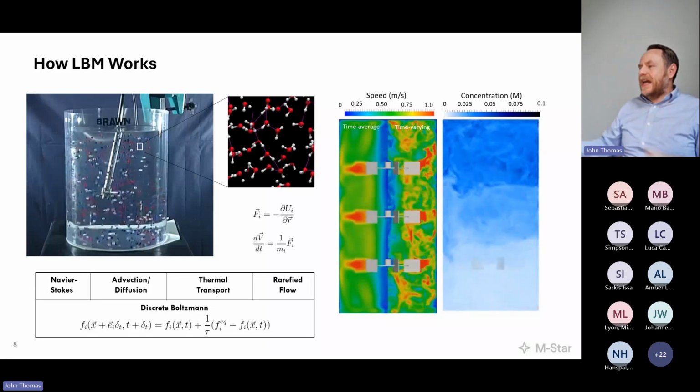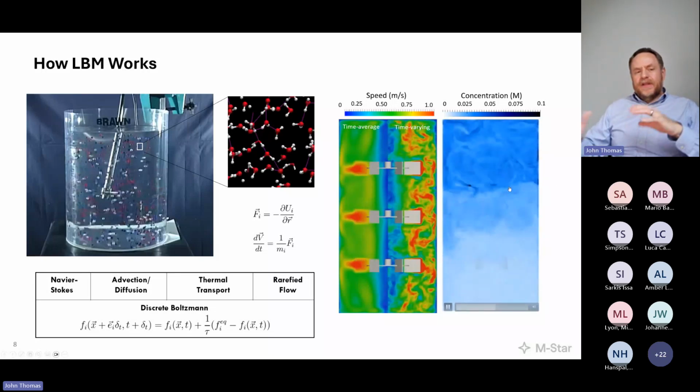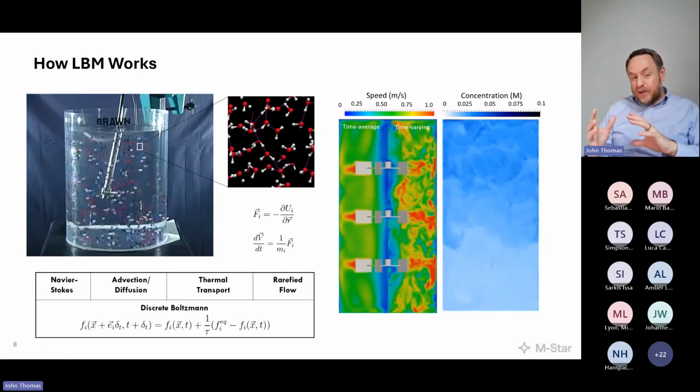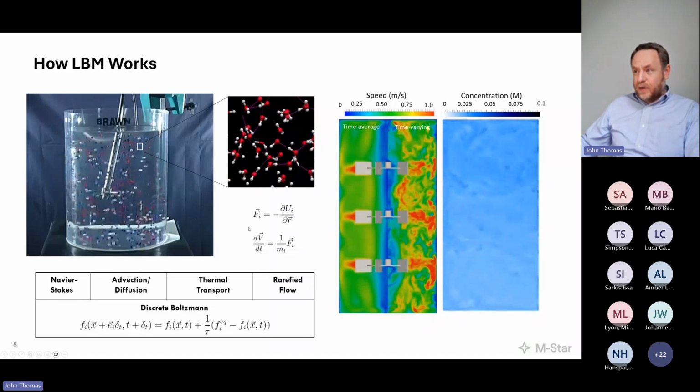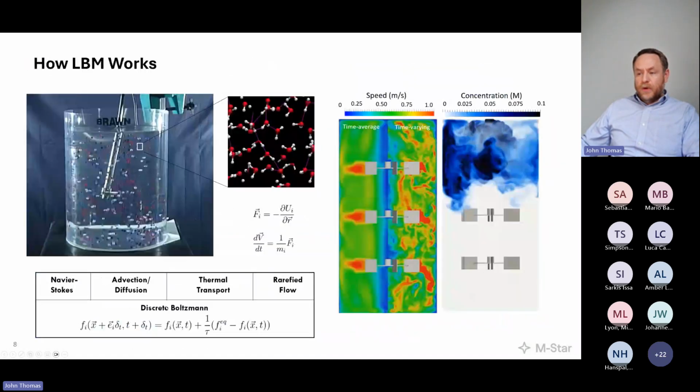So the key point is that it's easy for us to interrogate these turbulent processes at high resolutions because we're starting with a high-resolution, fully transient modeling approach out the gate. It does have molecular origins, of course. We're not using molecular physics to solve LBM. We're using the Boltzmann transport equation. But again, as we've talked about in past lectures, and we can speak to offline if people want to know more about it, Boltzmann comes directly from molecular kinetic theory.